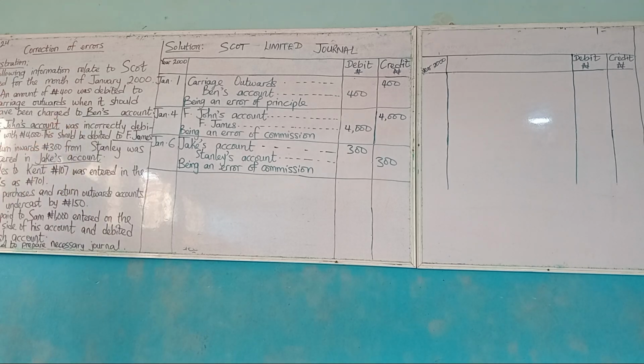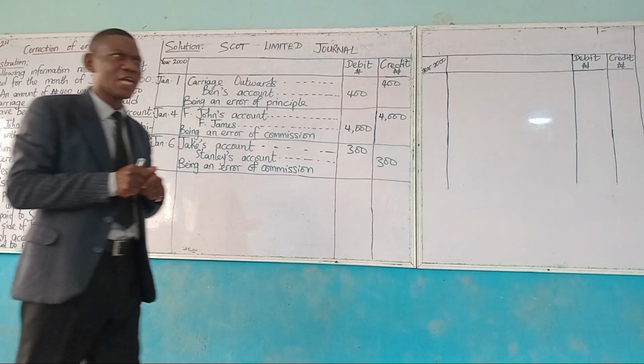So, let's go to the next transaction which occurred on January 10. It says 6 to 10, 107 was entered in the books as 701. This is an error of original entry.